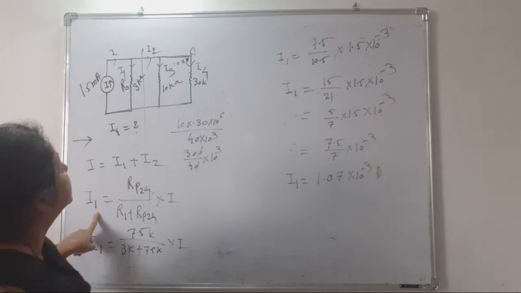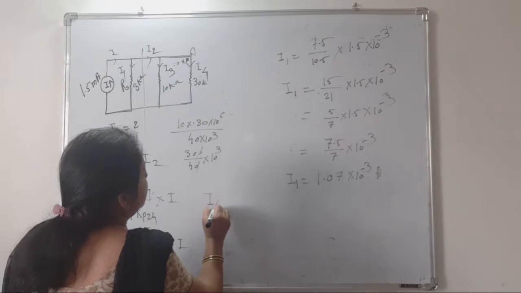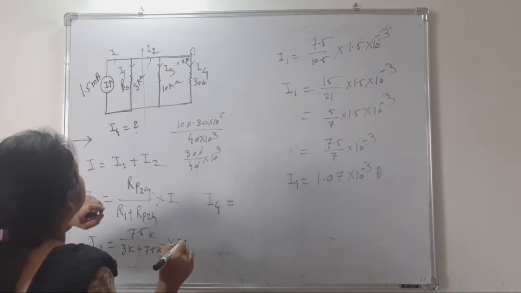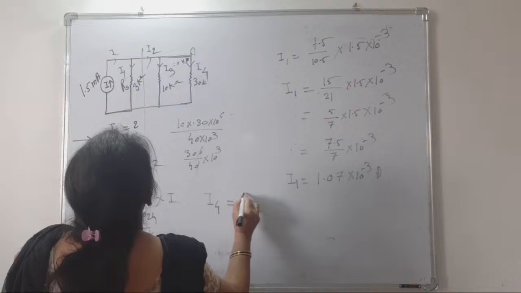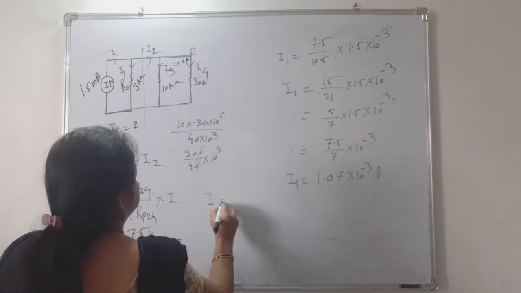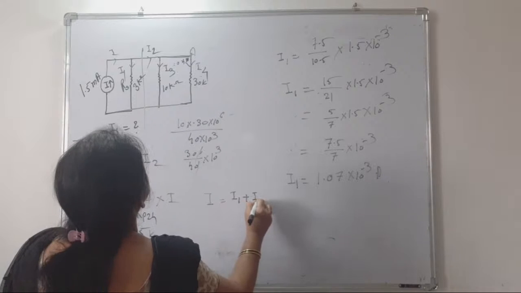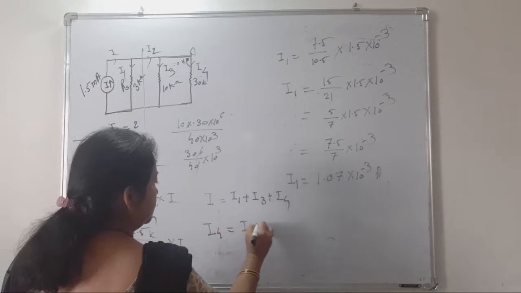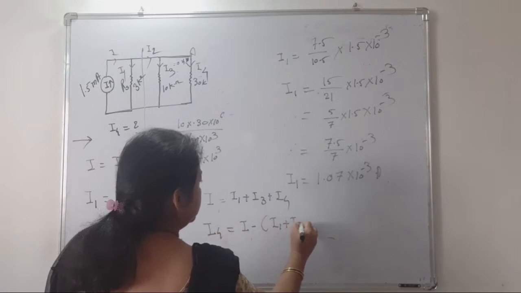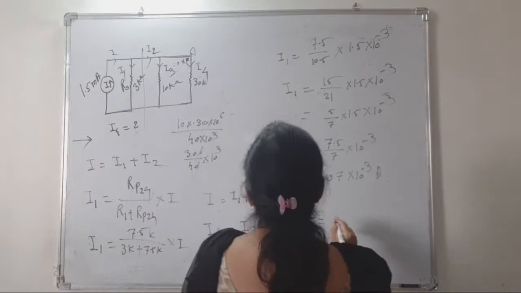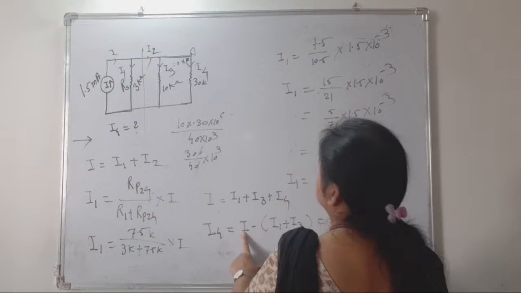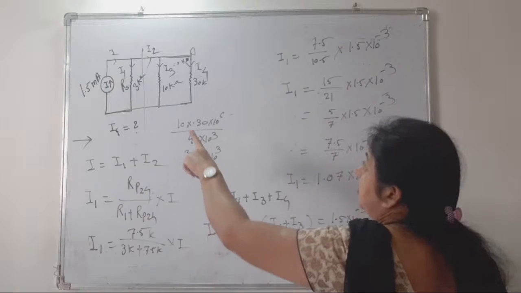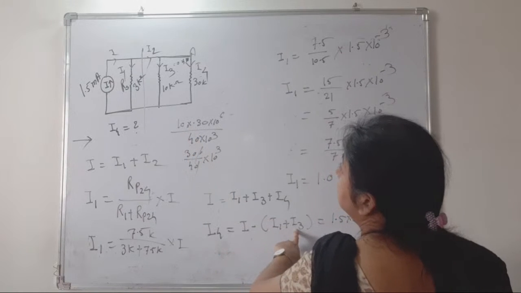I3 you calculate, no? So I4 is equal to I1 and I1 and I3.